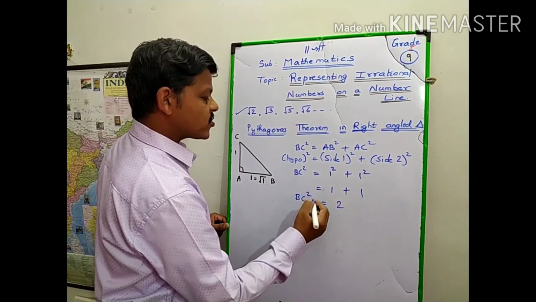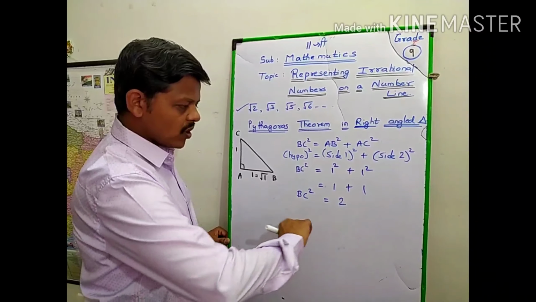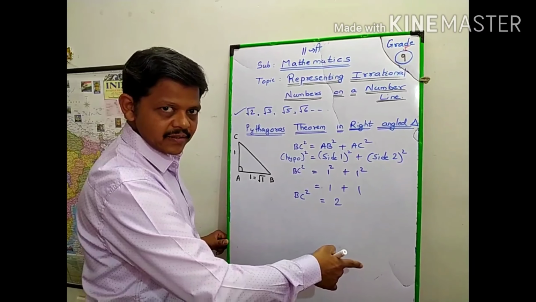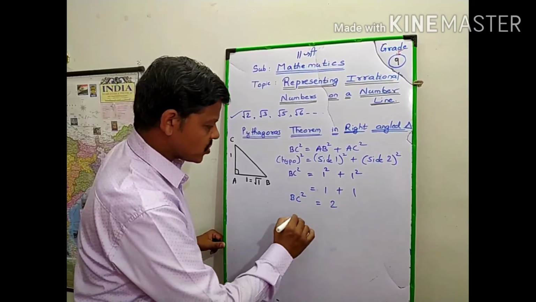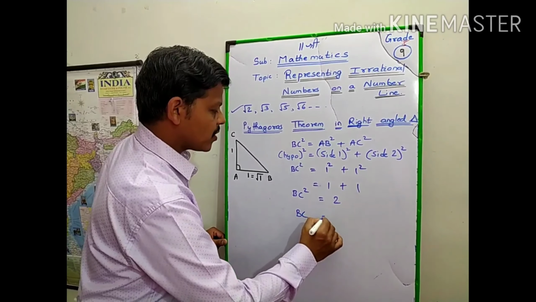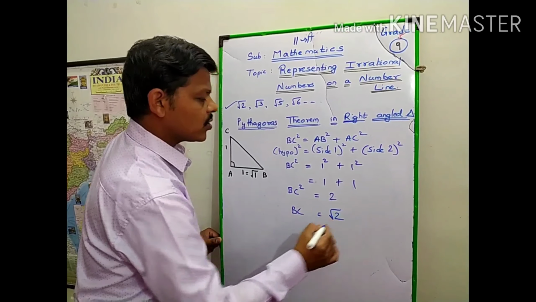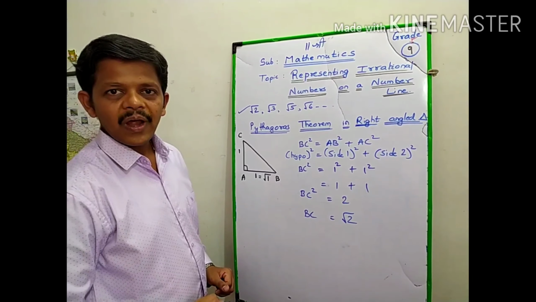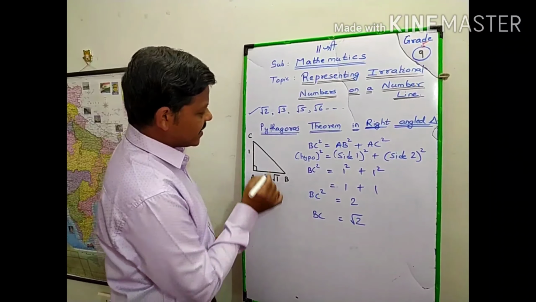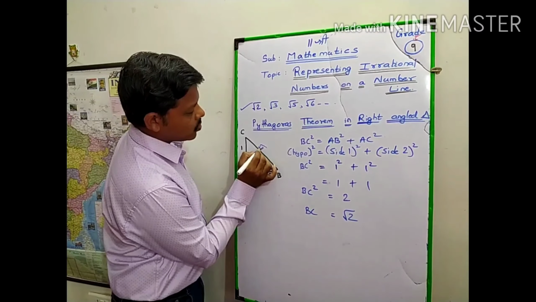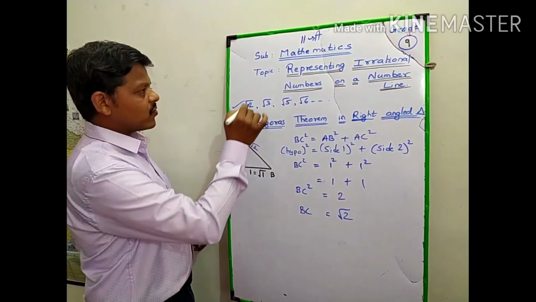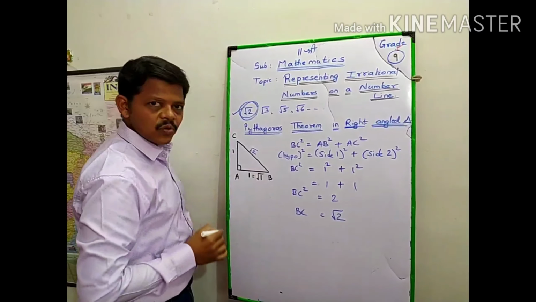So your BC square was 2, taking square roots on both sides. So obviously BC becomes root 2. This BC has now become root 2. I have got the measurement of root 2.